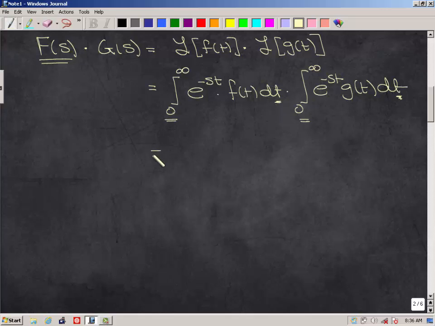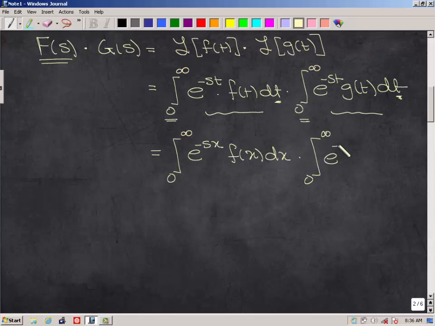So I'm going to change that variable, because that way we can distinguish between this t here and this t separately. I'm going to call the first t x. So we get e to the minus sx f of x dx. It's a dummy variable. I'm just changing the name. And this one I'll call y. So e to the minus sy g of y dy.